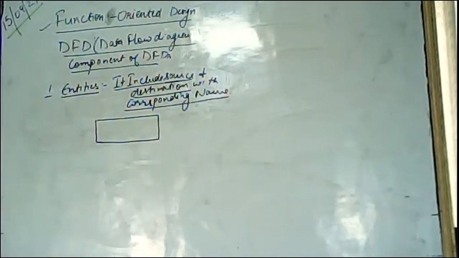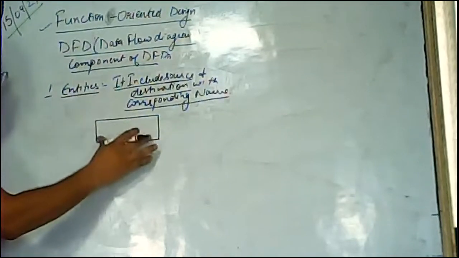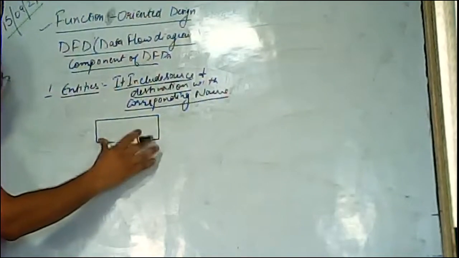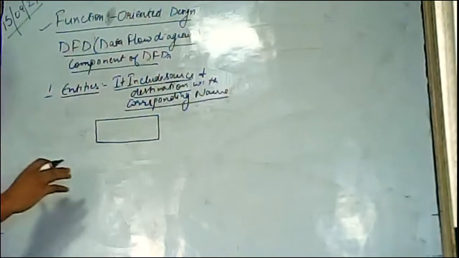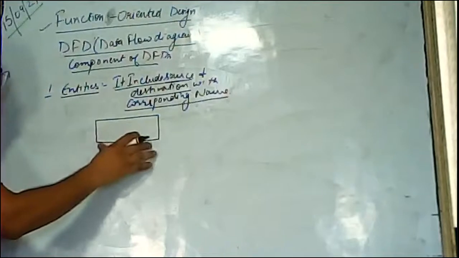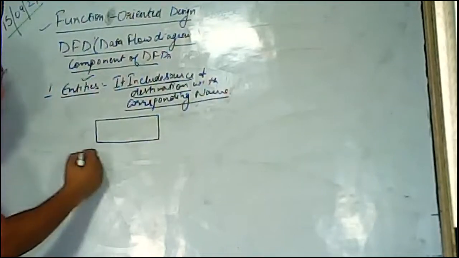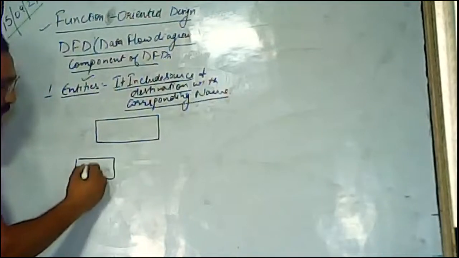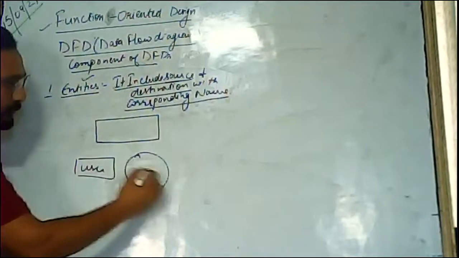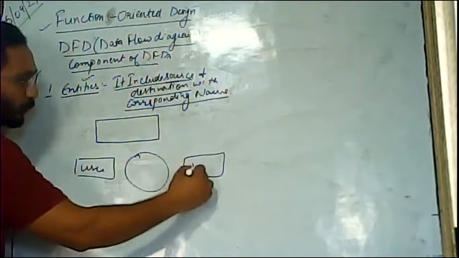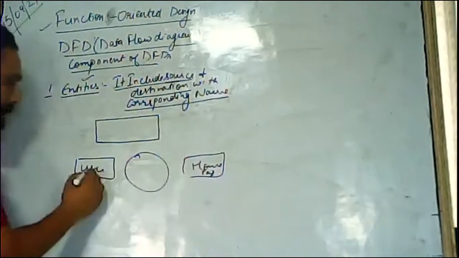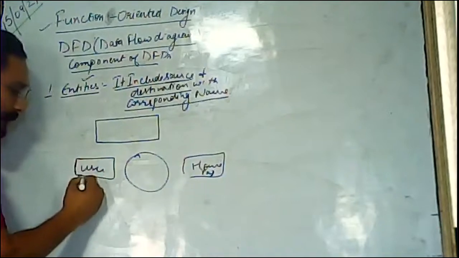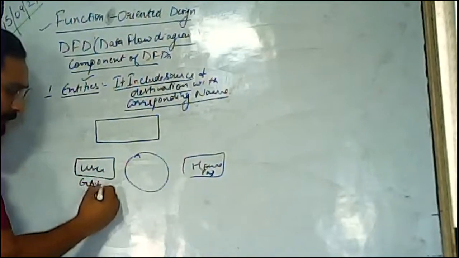Your entity is denoted by a rectangle. So when we draw a diagram of your project, this rectangle represents an entity. The same way I have shown you an example: this is a user, this is the process, and this is the entity.